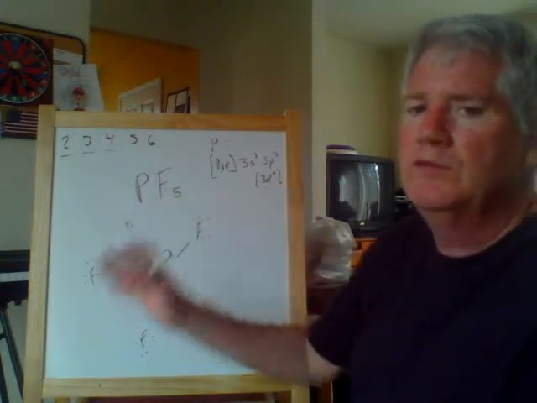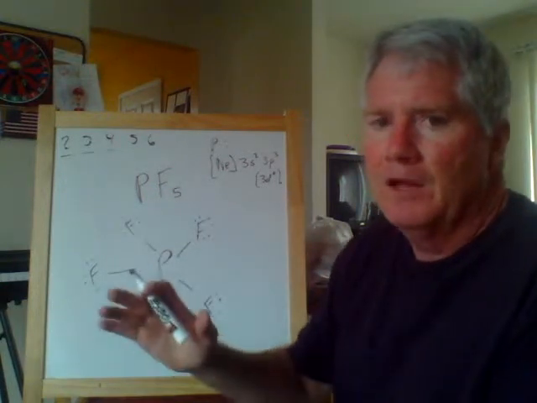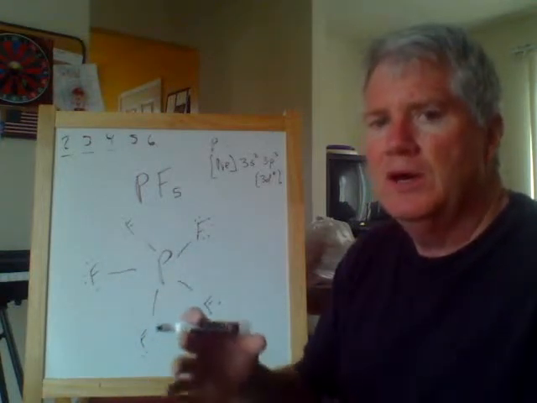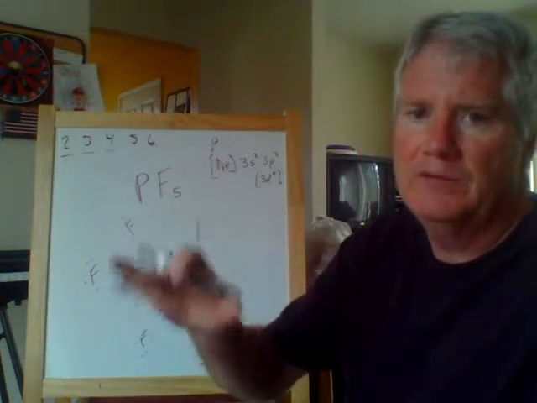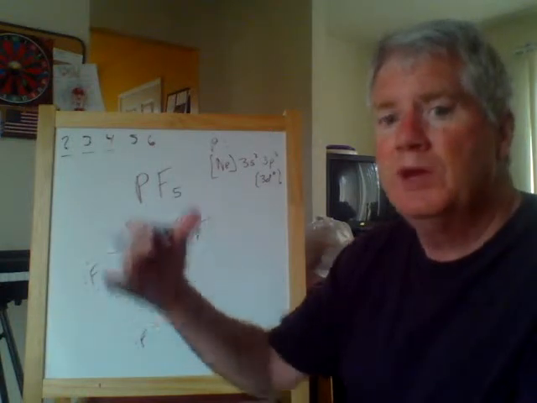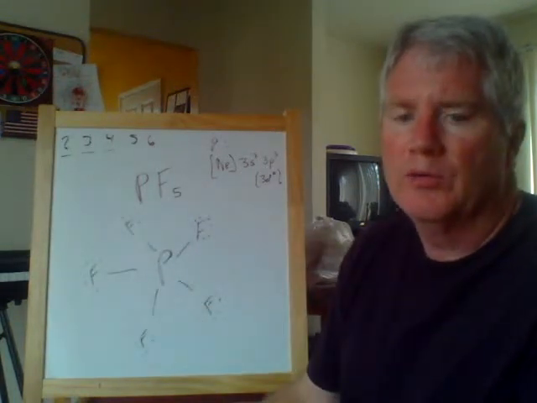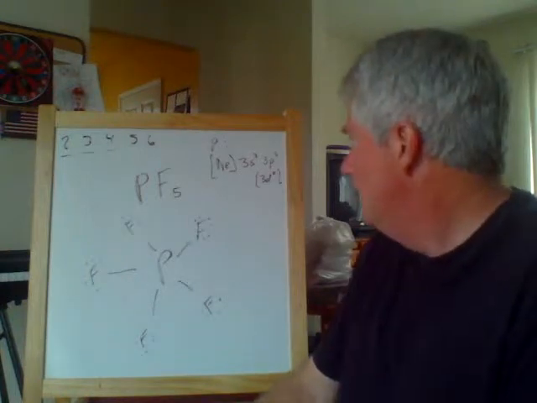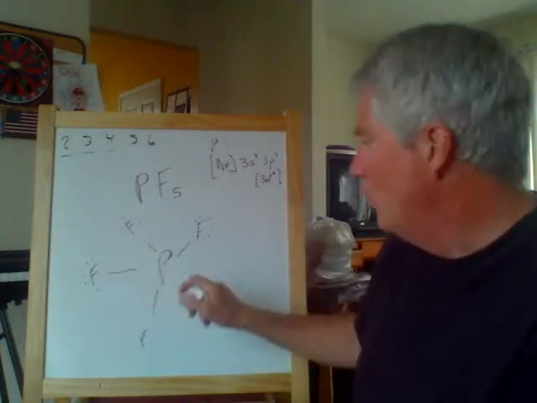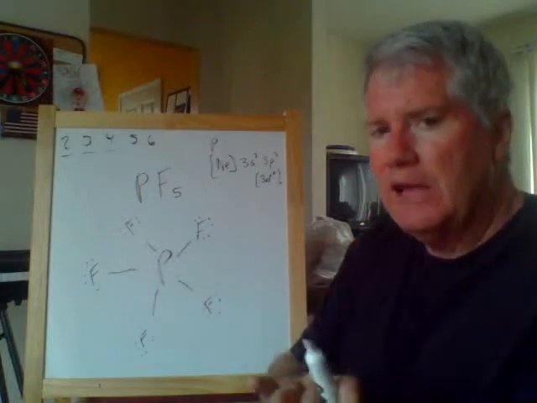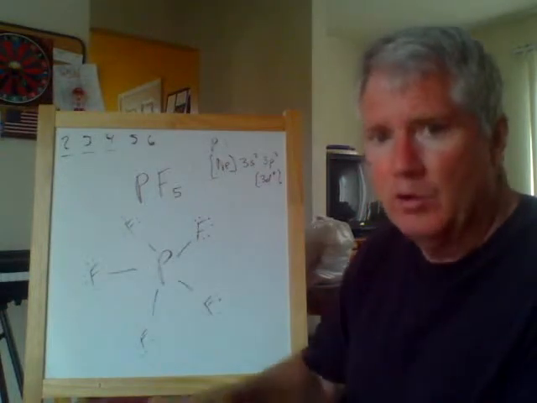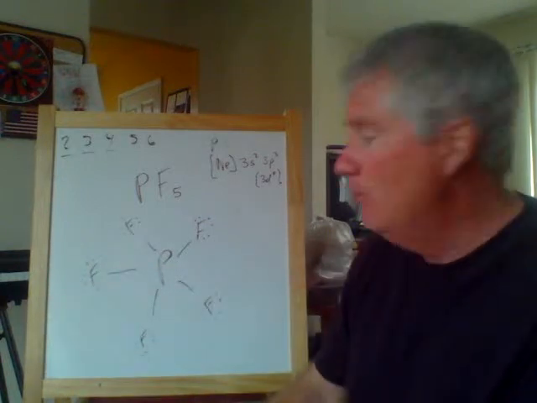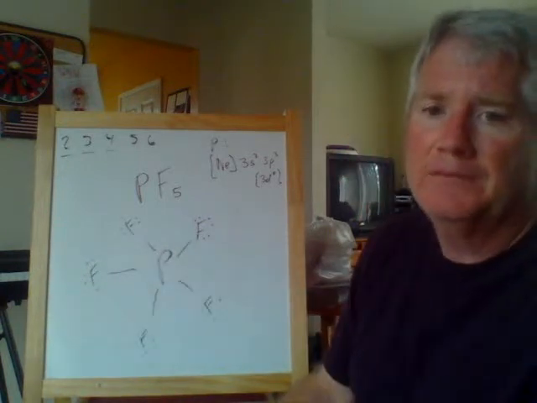But the orbitals do exist, which means that the electrons around phosphorus can fill not only the s's and the p's, but they can also spill into the d orbitals that exist for n equals 3. And that explains why groups that are at least in period 3 or further down in the periodic table can have more than an octet.